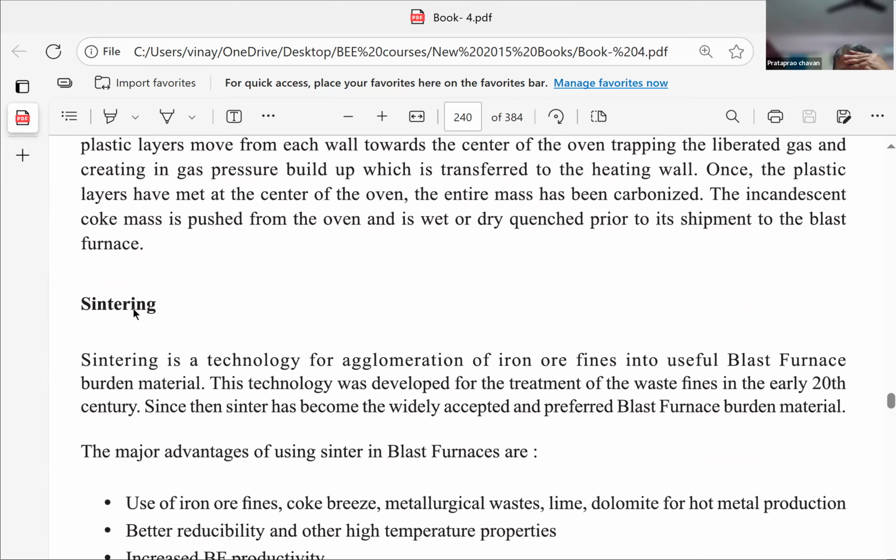This process is sintering. It's a technology for turning iron ore fines into useful blast furnace burden materials. As I said, iron ore does not come in the form of stones or particles. Sometimes it is in the form of dust, because any mineral, when you are digging from the earth's surface, comes in various sizes, right from a very fine particle up to a particle of 5 inch, 6 inch, 10-inch size, assorted.